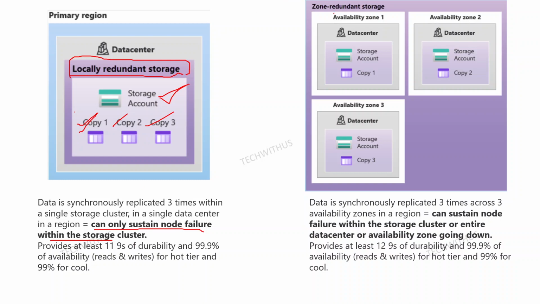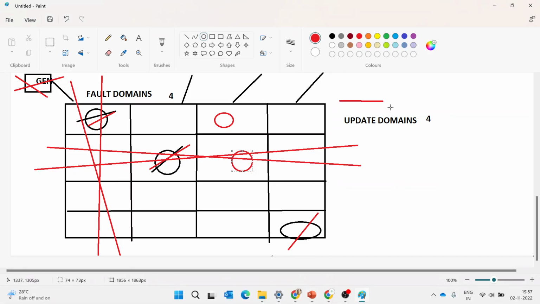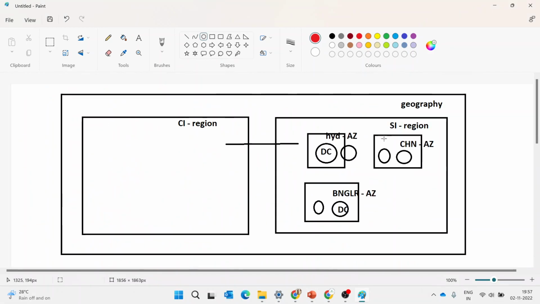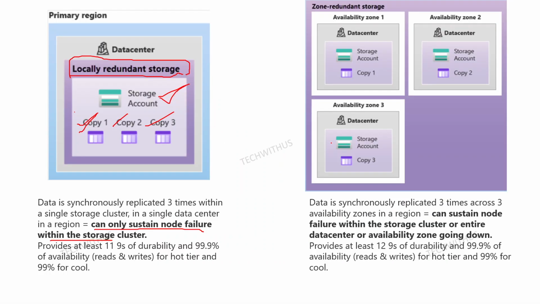Coming to zone redundant storage, a zone is what we already explained. Here this is a zone completely. In a region there will be three availability zones.